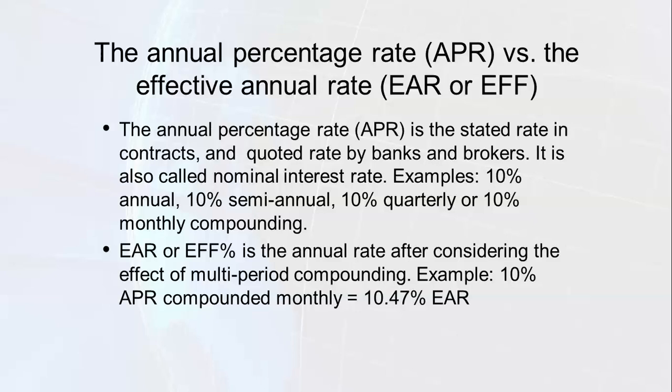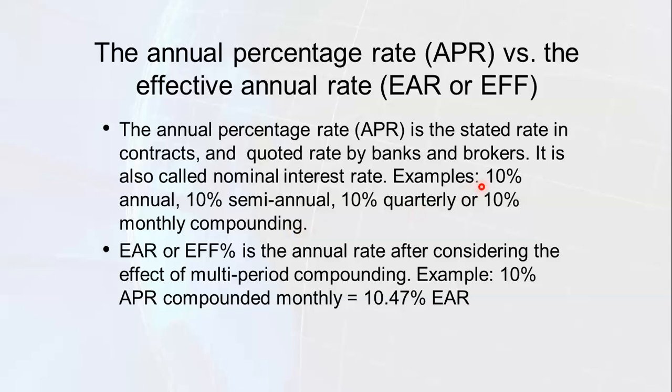Okay, for example, 10% annual rate, 10% semi-annual rate, 10% quarterly rate, and 10% annual rate with monthly compounding. Okay, so these are different things. So if you are talking about 10% APR annual and 10% APR monthly compounding, they are not going to be the same.